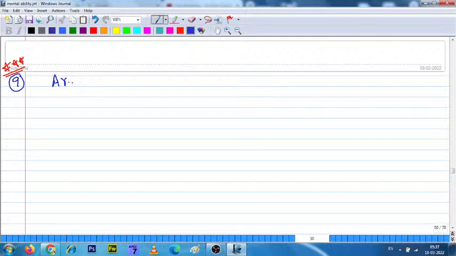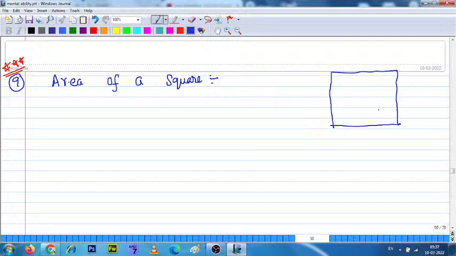A square is one in which all sides are equal and diagonals are also equal, right? So this is a square. A, B, C, D.